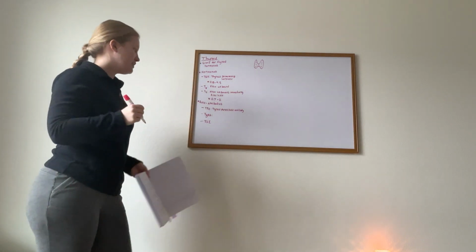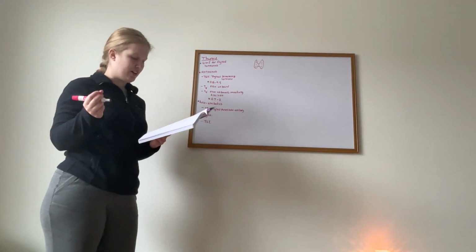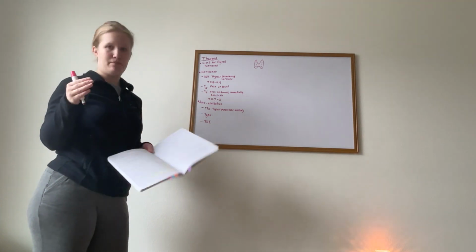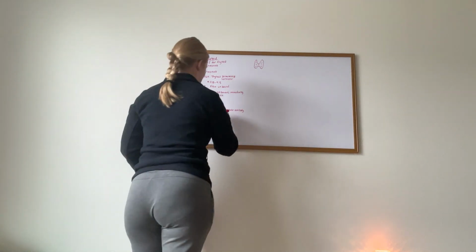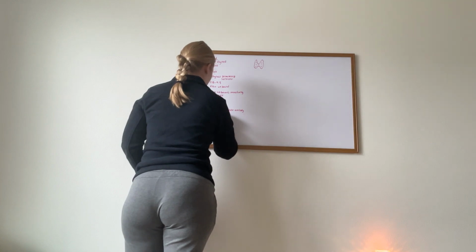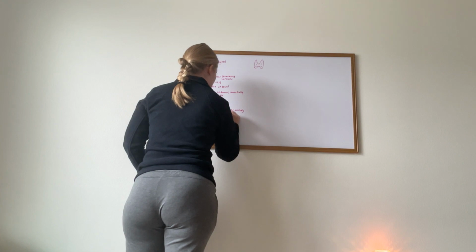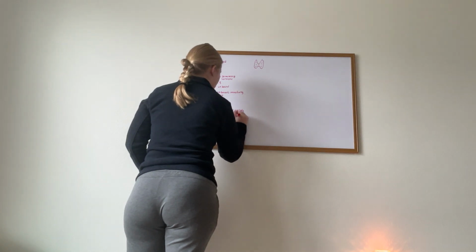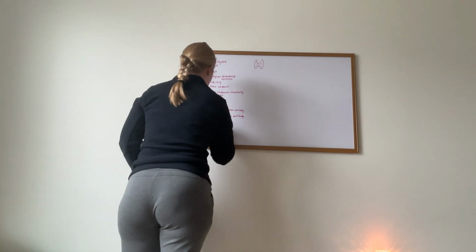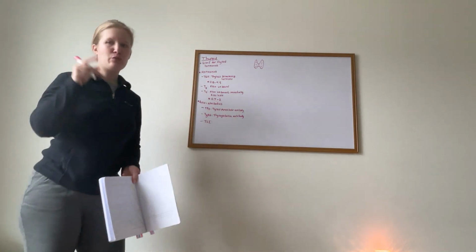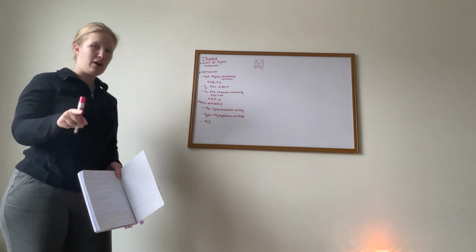TGAB is the thyroglobulin antibody. Really annoying name. Thyroglobulin antibody. TGAB. And our last one, TSI, is a thyroid-stimulating immunoglobulin.